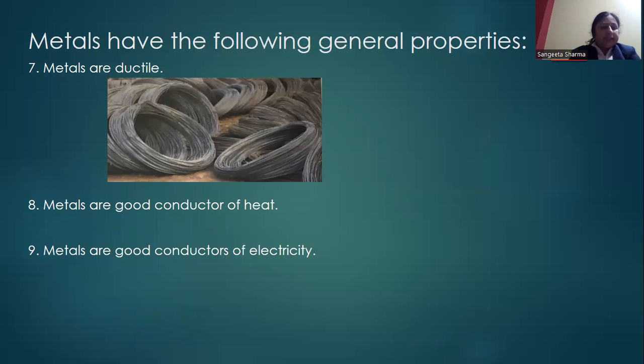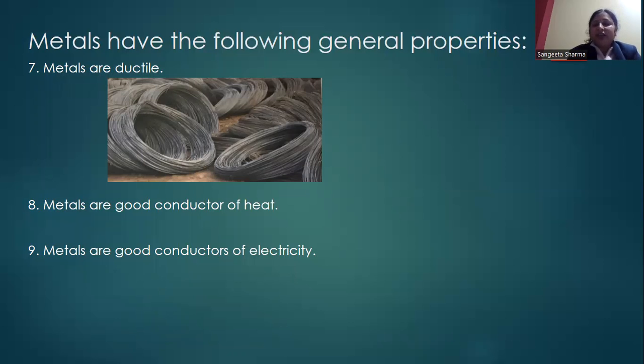Now the next point is metals are good conductors of heat and electricity. They allow heat to pass through them easily. Due to this property, we use metal utensils. Heat supplied at one place of the utensil is conducted all over it because they are very good conductors of heat.